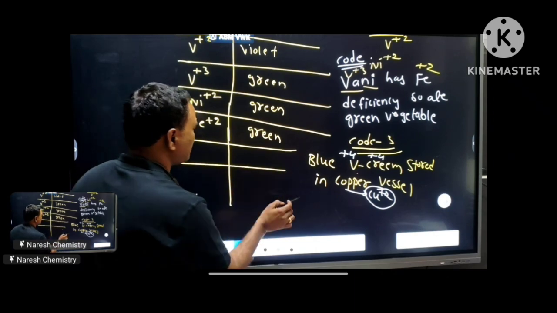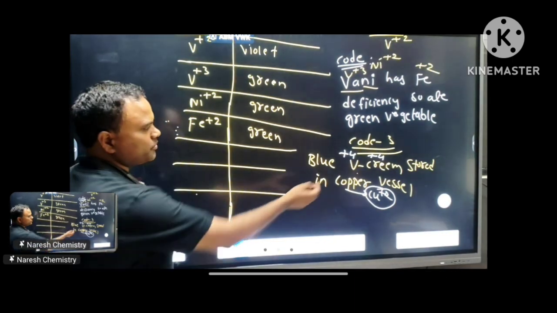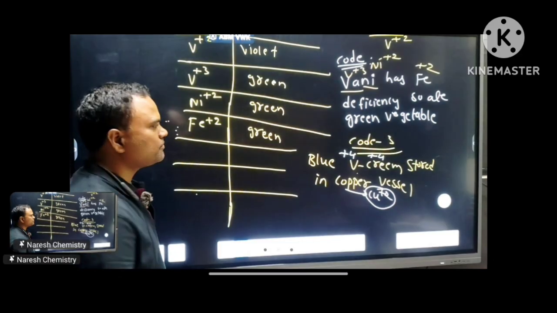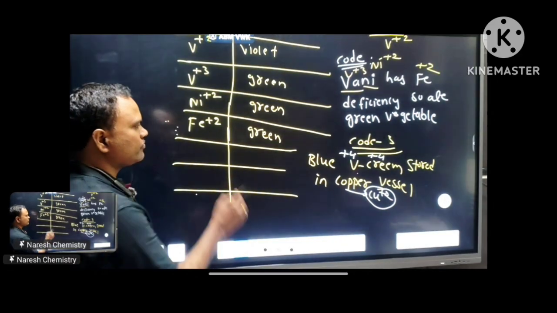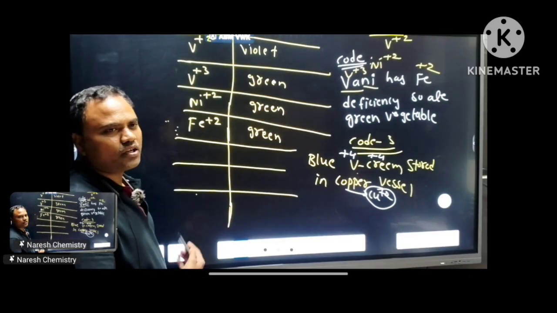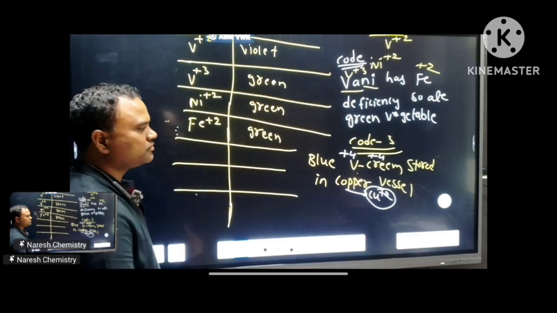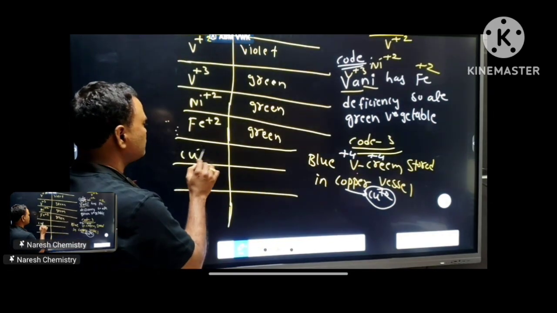Ketra, tell me three elements, three ions and their colors. Ketra, based on the last code, tell me. Copper means plus 1 or plus 5 or plus 6? How can I know? Copper plus 2.